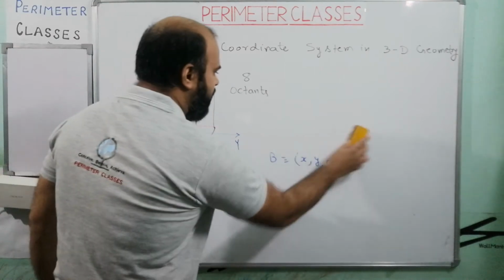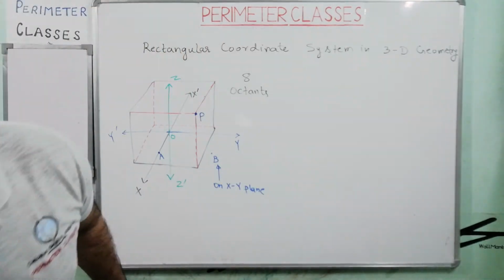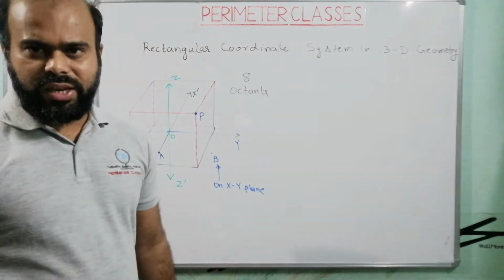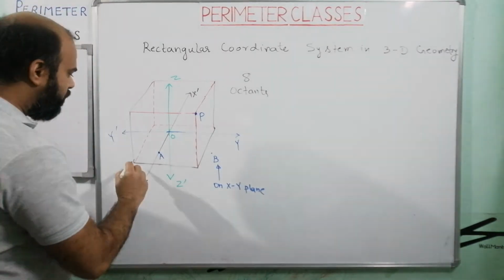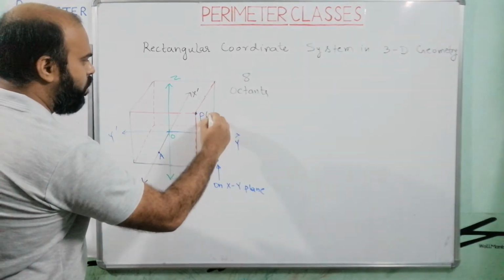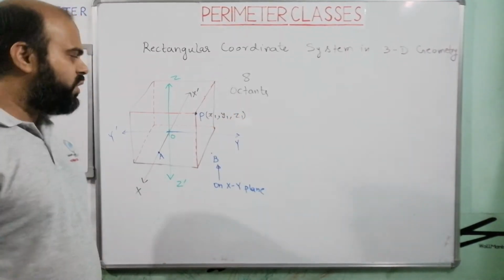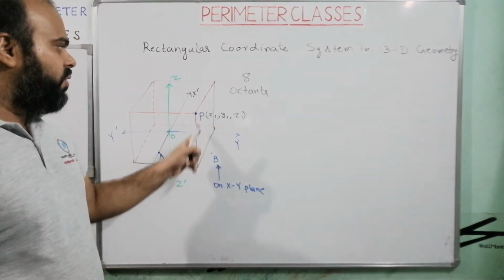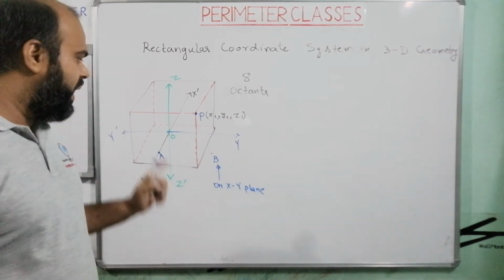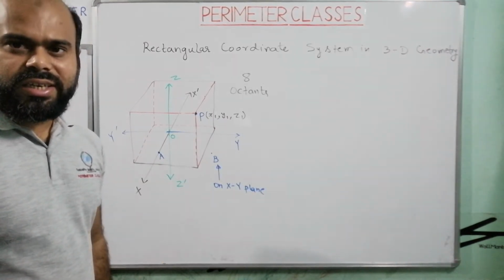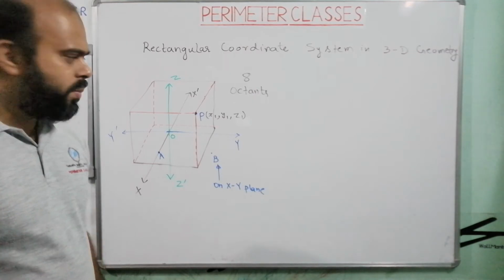Now, if we are given two points and asked to find the distance between them, how do we do that? Suppose this point P has coordinates x1, y1, z1, which means that when a perpendicular is dropped on the x-axis, it will intersect the x-axis at x1.